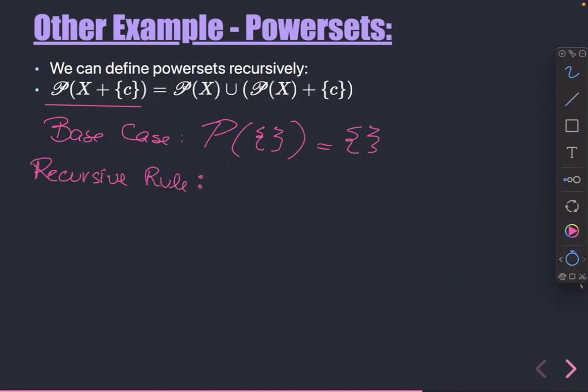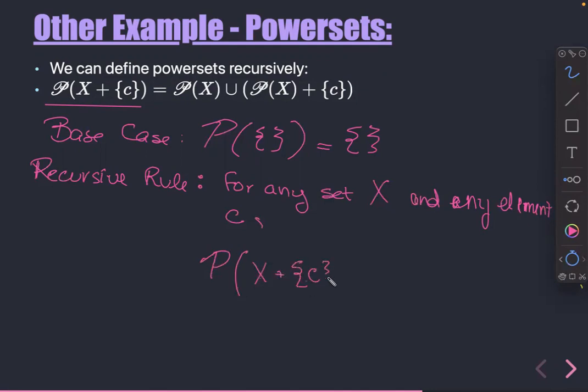Let's write this out in English: for any set X and any element C, the power set of X plus that element C is going to be the power set of X unioned with the power set of X with that element C added to each set.